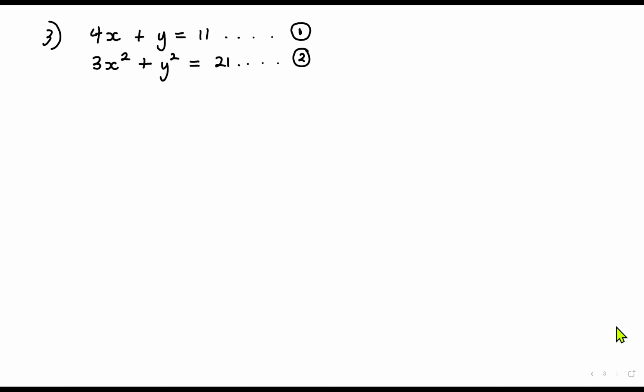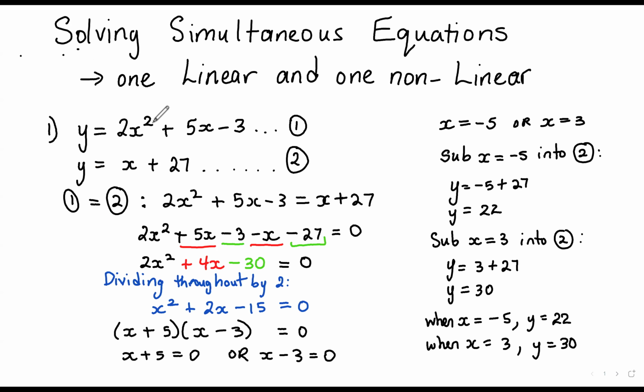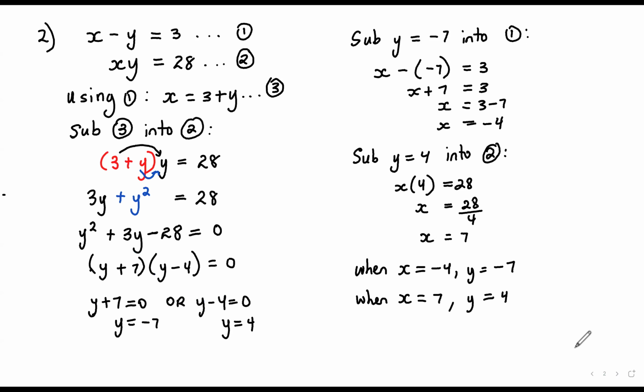Now for this, most times, guys, it's going to either be where you equate the two equations or you're going to have to do some kind of substitution, right? The first example, let's just go back and look at it quickly. This one was where you equated the equations because they were both equal to y. The second one, we rearranged one of the equations to get x is equal to something, and then we substituted that into the other equation.